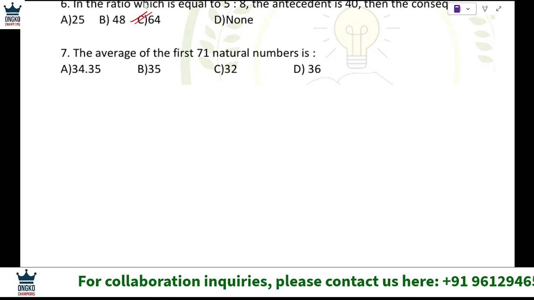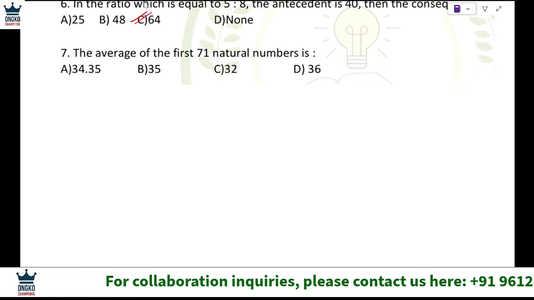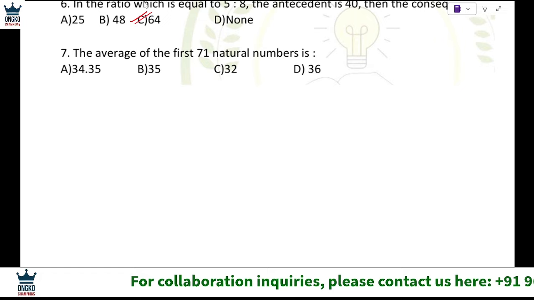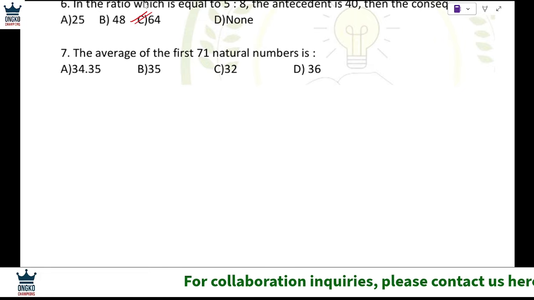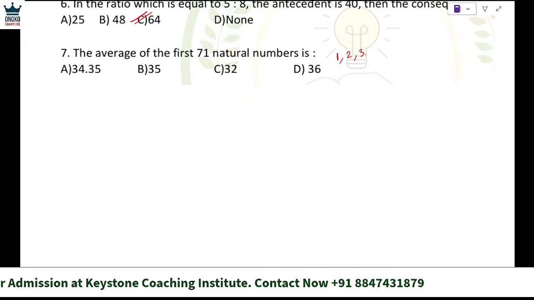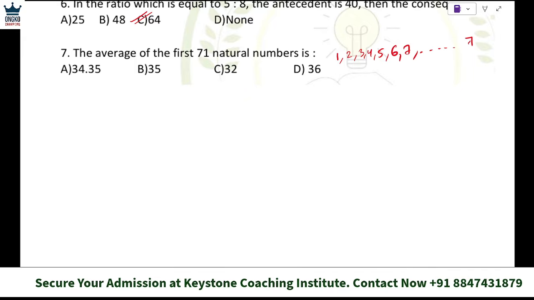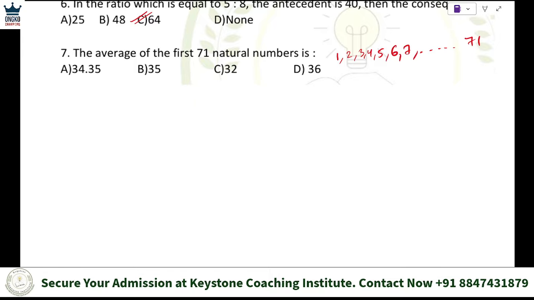The average is the sum of observations divided by the total number of observations.